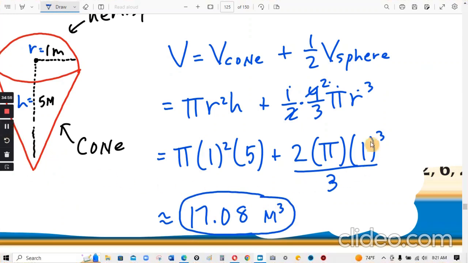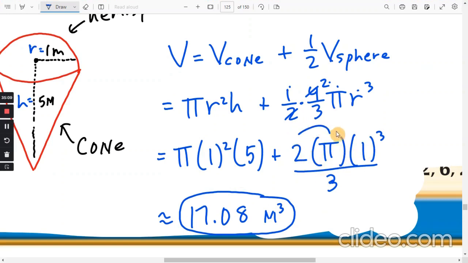Now, if you had bigger numbers here, let's say that 1 was something different, you might not have an easy time. So what I would do is 2 times pi times 1 to the 3rd, or whatever the number was, hit equals, then divide by 3, hit equals again, and then I would add this part here.